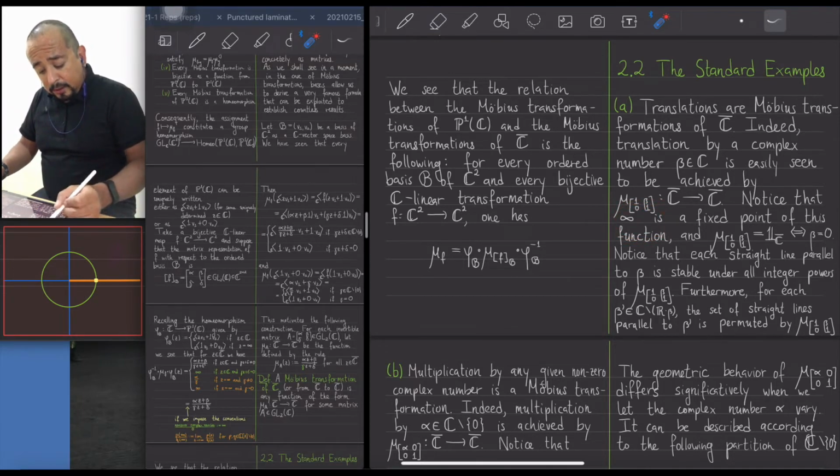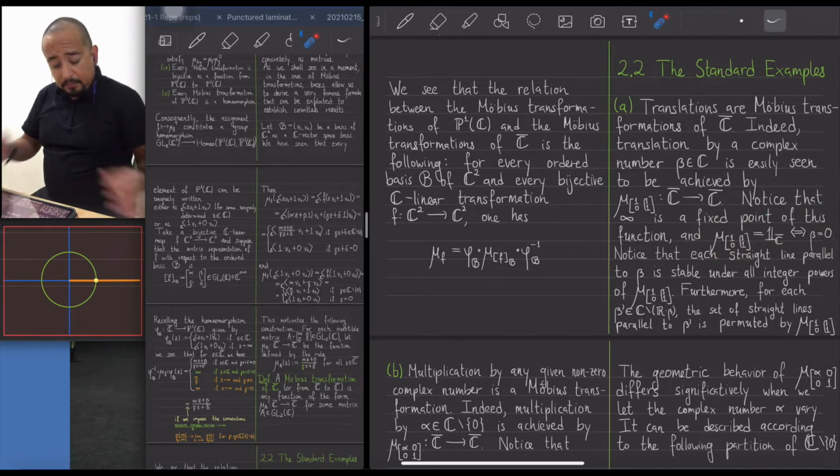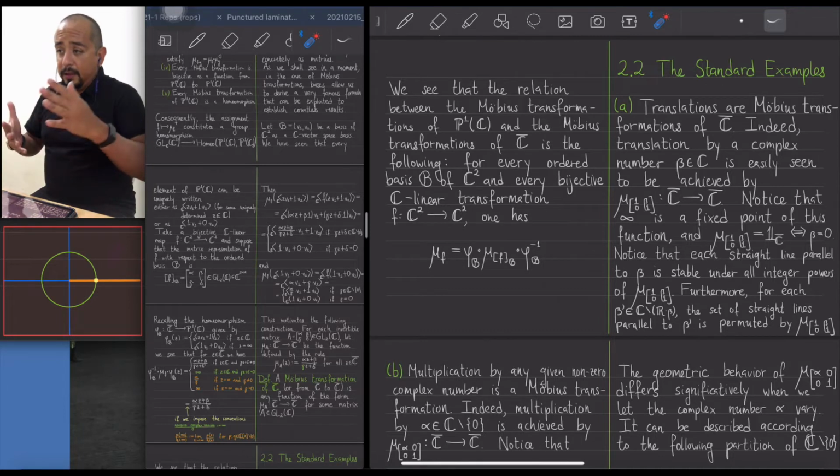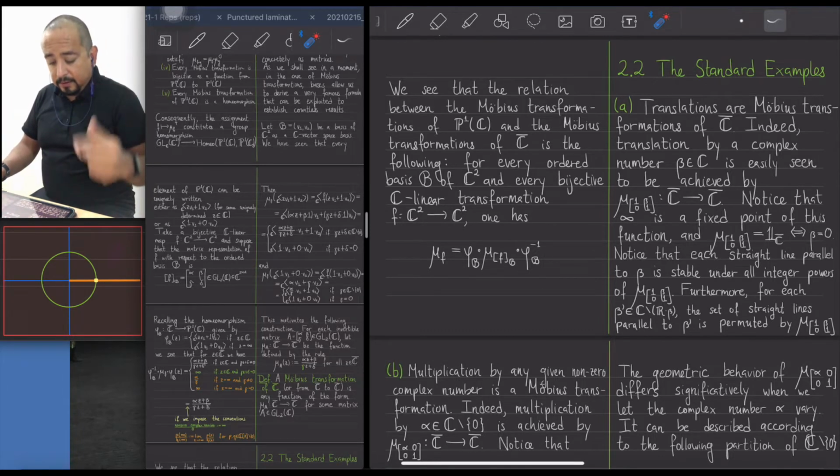It is also very easy to see that the identity is achieved as the translation by nothing, and that's the only way to get the identity as a translation. So, very obvious functions: translations of the complex plane, now extended to get maps from C bar to C bar by setting infinity to be a fixed point.